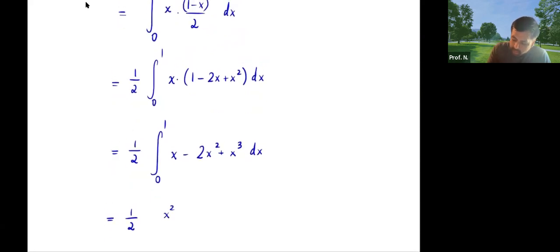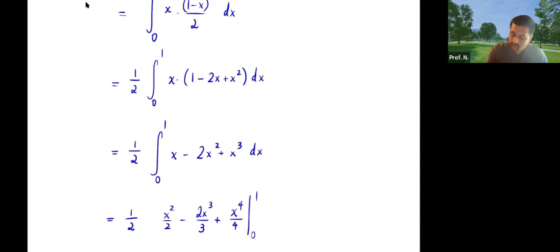This is 1/2. And then you get the integral from 0 to 1 of x minus 2x squared plus x cubed dx. And then you just integrate. So you get x squared over 2 minus 2x cubed over 3 plus x to the 4th over 4.